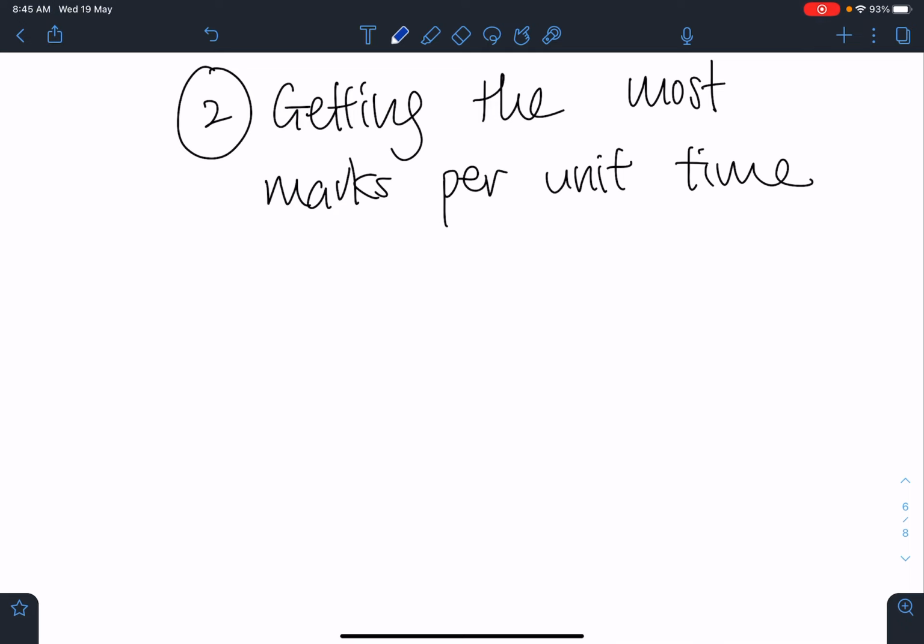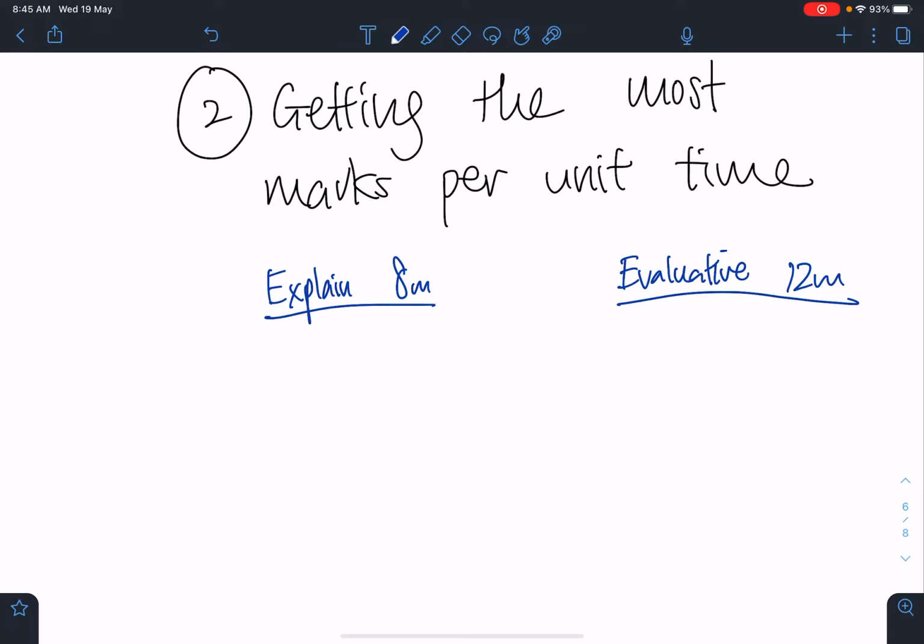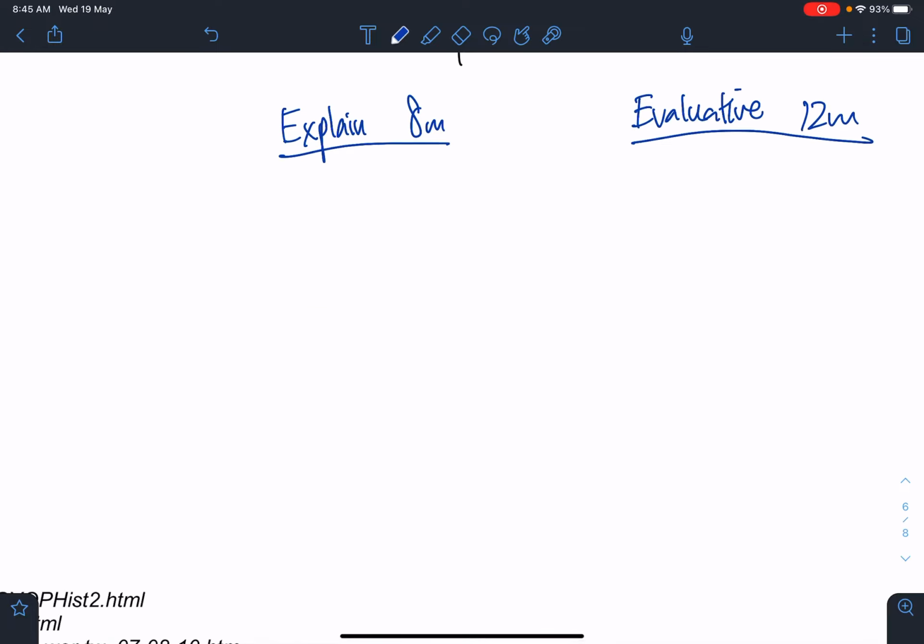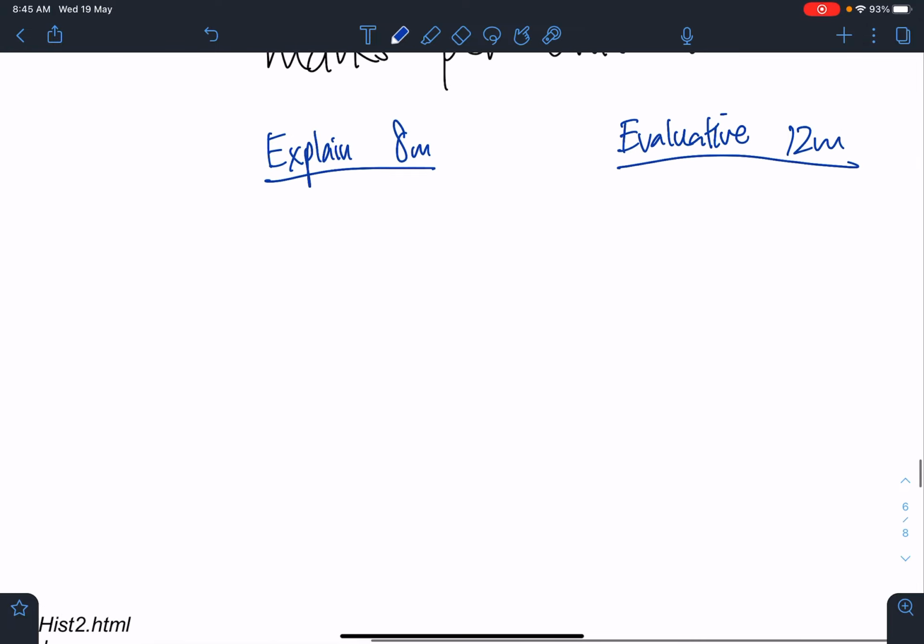Alright, now for an explain question, which is 8 marks, and an evaluative question, which is 12 marks, this is how it goes. You must give me 2 points, right? So L1, 1 to 2 marks, is if you identify 2 points.